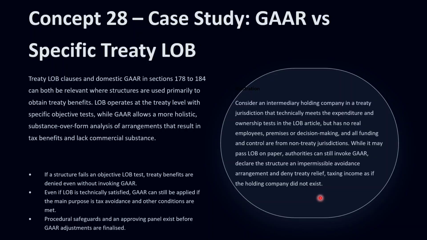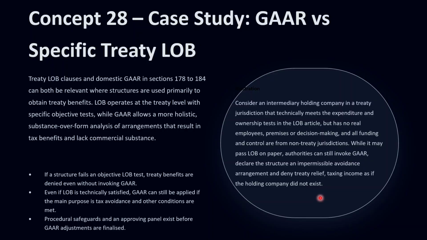So in such a case, even though the letter of LOB is satisfied, GAR allows the authorities to treat it as an impermissible avoidance agreement, disregard the conduit, and deny the treaty rates on dividends or capital gains. So this is an extremely important provision which can be seen in a practical parlance.